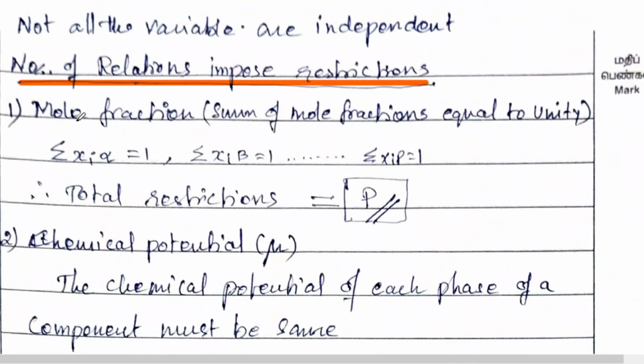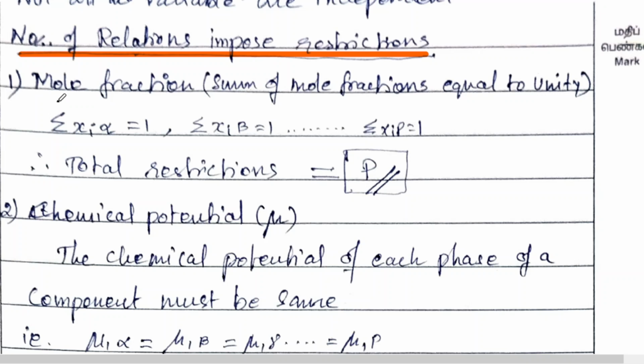To calculate that, the restrictions are imposed by several factors. Number one, by each component. When I mean each component, actually the mole fraction of the component is imposing restrictions. So the sum of mole fractions for each phase is equal to unity, that is 1.